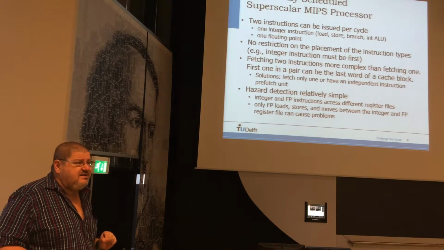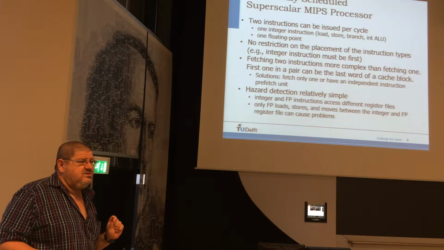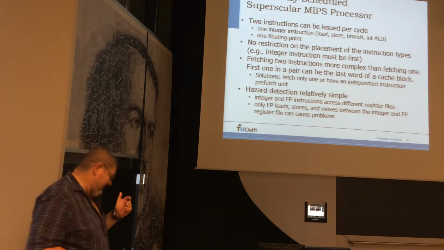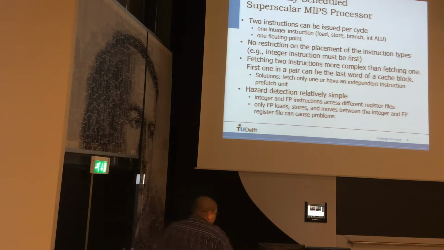Okay? Should I tell you a bit more about the cache? Because I see some faces which are a bit blank. A cache is a window on the main memory where I have some kind of copy of what I have in the main memory. And the cache is organized in lines.